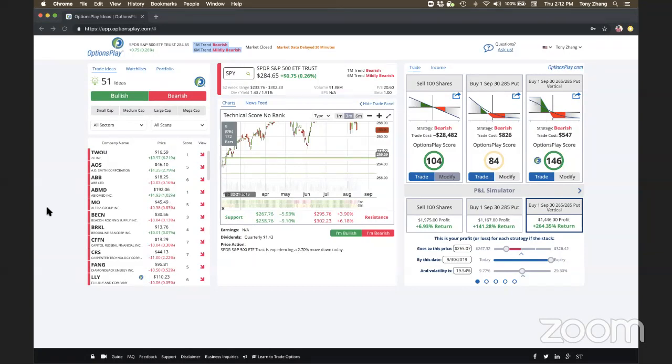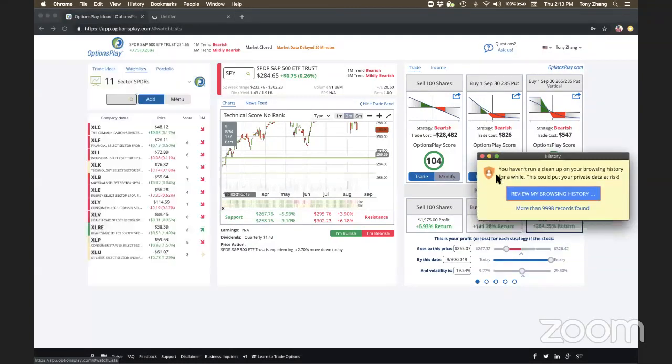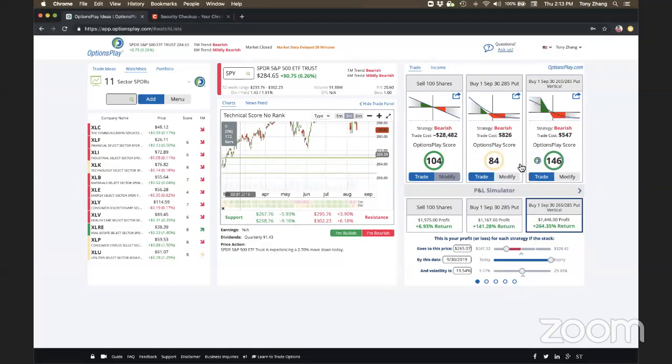Harry is saying, does OptionsPlay have a screening tool? So Harry, that's a great question. A screening tool is actually something that's in the works. I've been working on some new trade ideas to provide some more opportunities to find ideas, but we allow you to look through our trade ideas through our filters and sort. The other way you can look at it is a watch list. I'm a big fan of using our watch list to get a sense for where opportunities are.